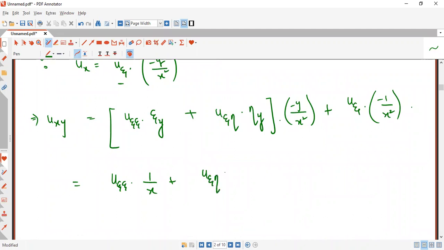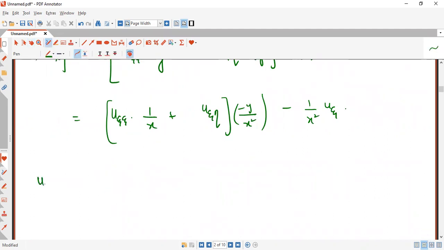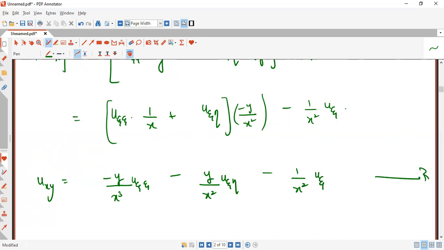Eta y is 1, minus y upon x square, minus 1 upon x square of u xi. So you're getting minus y upon x cube u xi when I open the bracket. uxy is minus y upon x cube of u xi xi, minus y upon x square of u xi eta, minus 1 upon x square of u xi. Right, this is b.